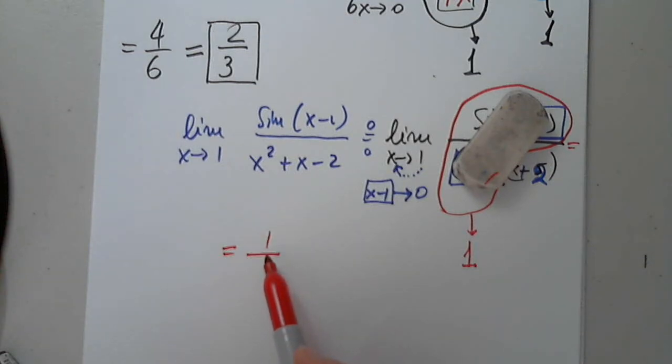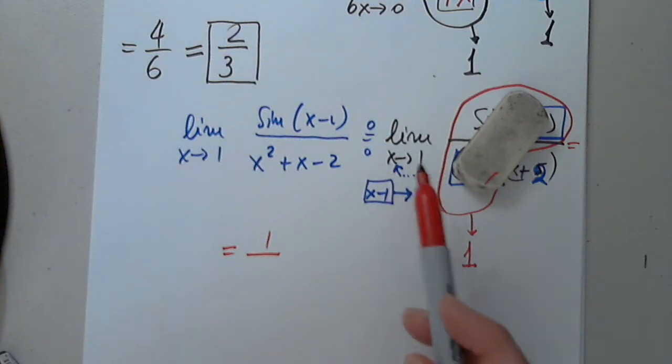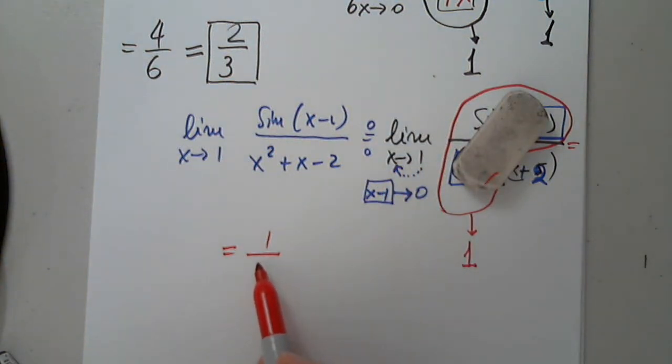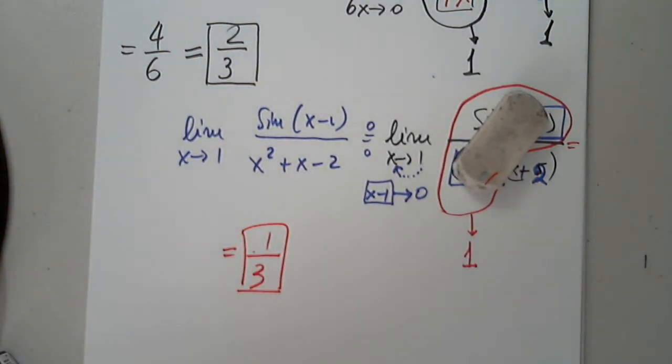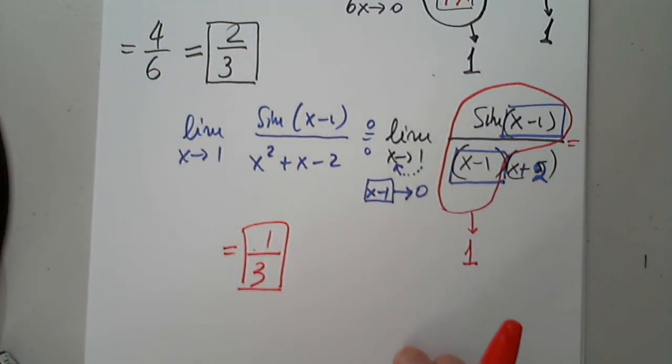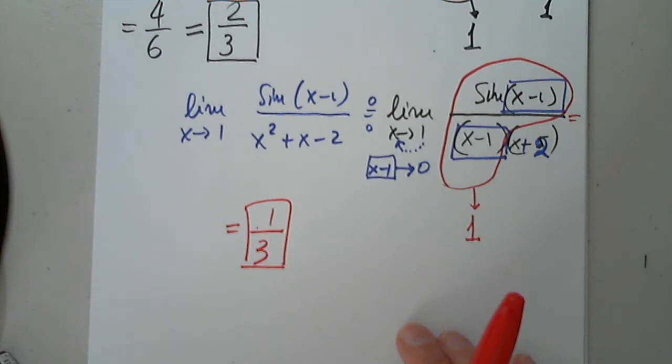That's not the limit. Oh, sorry. x approaches 1. We know how to find the limit, right? 1 over 3. That's it. Done. Great job. Is this okay?